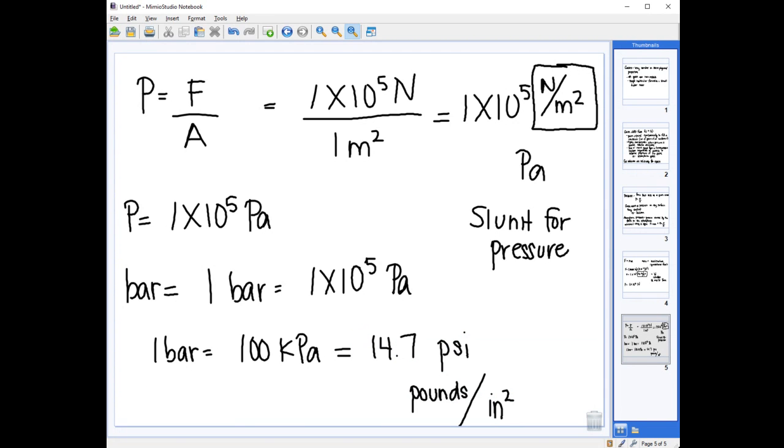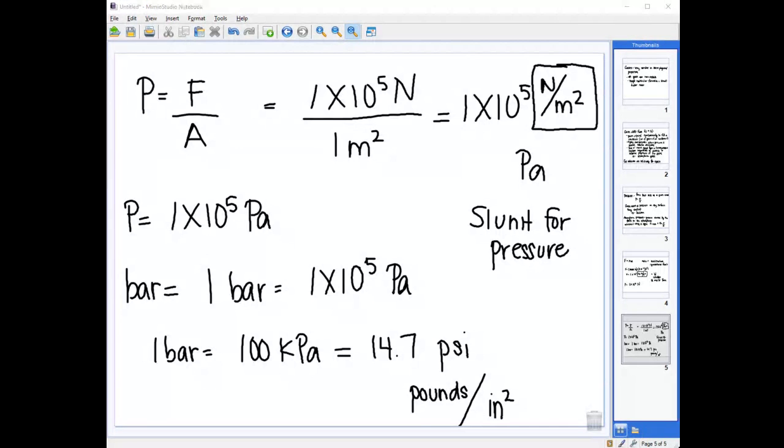So we can use these units interchangeably, and as we start working our formulas, you're going to have to get used to converting between these different units. So 1 bar is equal to 100 kilopascals, and of course Pascal is our official SI unit.